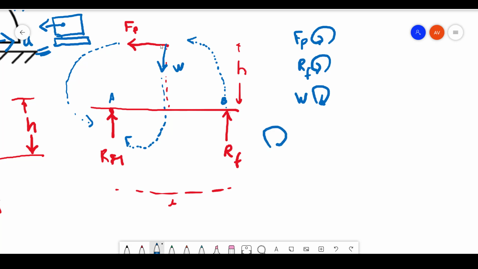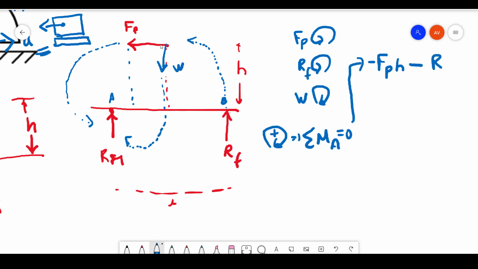So let's take clockwise to be positive for this case and take net moment at point A equal to 0. So this is the equation you will get. Your FP is minus, and what is the distance between FP and A? That is H. Now minus RF into the distance between that point and A, which is L, plus W into the distance between the W point, that is C, and A.